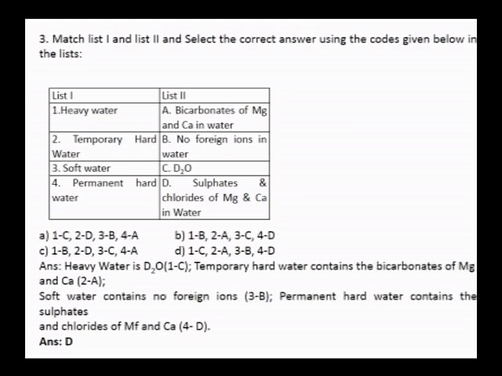Temporary hard water is due to the presence of bicarbonates of magnesium and calcium in water, and 2 in list 1 matches with A. Soft water is considered as water with no dissolved salts or ions in the solution, and hence 3 in list 1 matches with option B. The permanent hard water, as I said, is due to sulfates and chlorides of magnesium and calcium, and therefore the correct option is option D for question number 3.